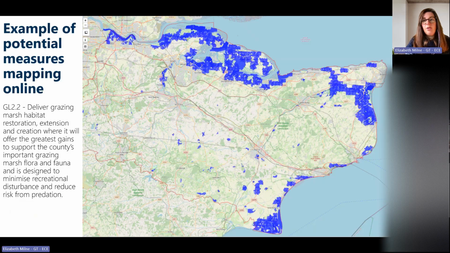But when you go to the online mapping tool, you can look at the individual measures, and you can also really scrutinise these, because you can go down to a more local level, and I'll demonstrate that later. But here is a demonstration of a potential measure under that same floodplain grazing marsh priority.